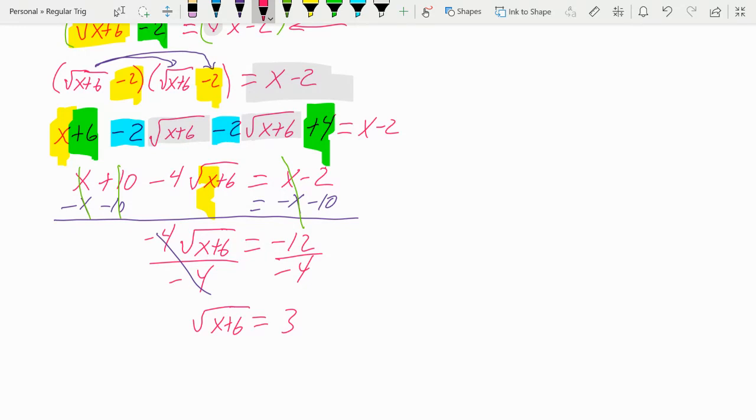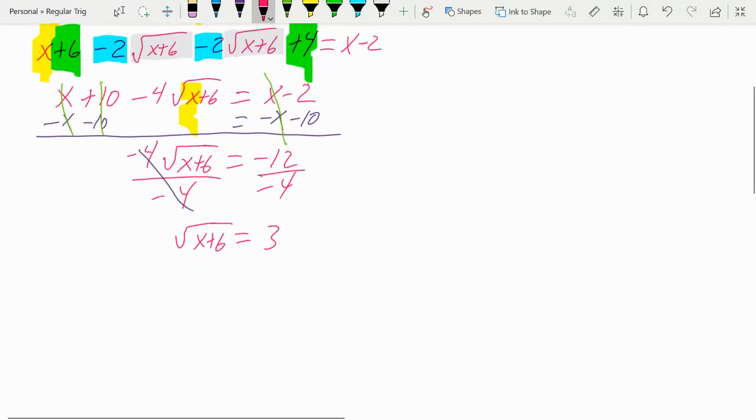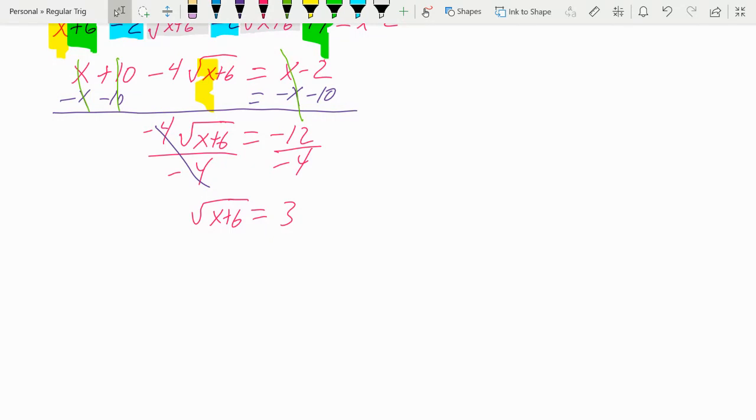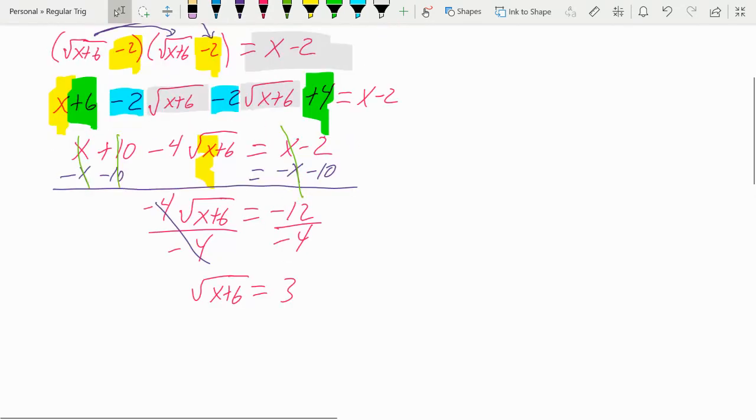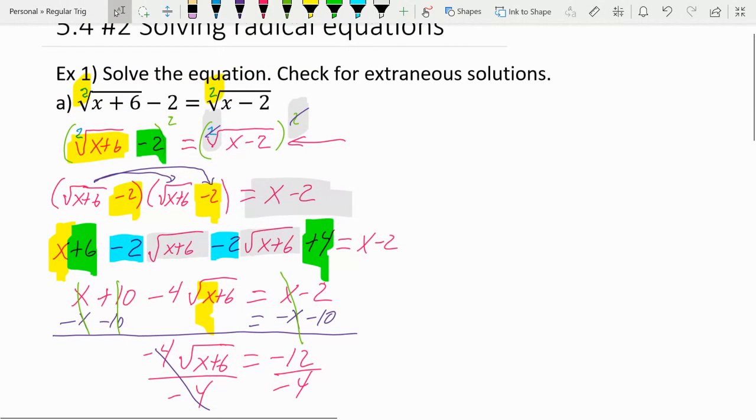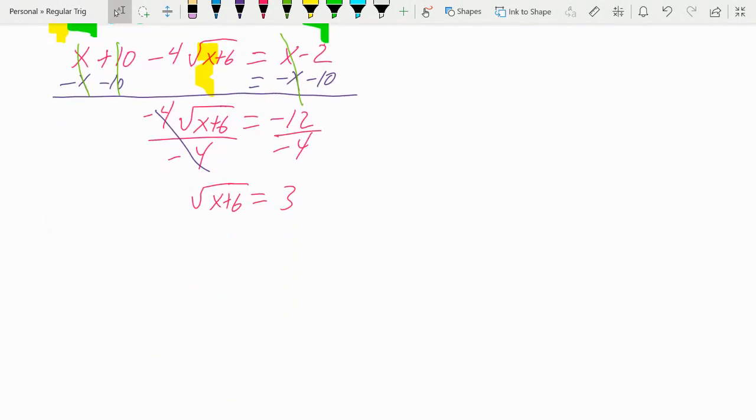All right. You notice how we're getting closer and closer to getting that x by itself. Well, just like we did way up here, and just like I showed you in the lesson yesterday. Remember, there's a 2 sitting right there. Well, how do I undo this? What happens if I raise both sides to the second power?